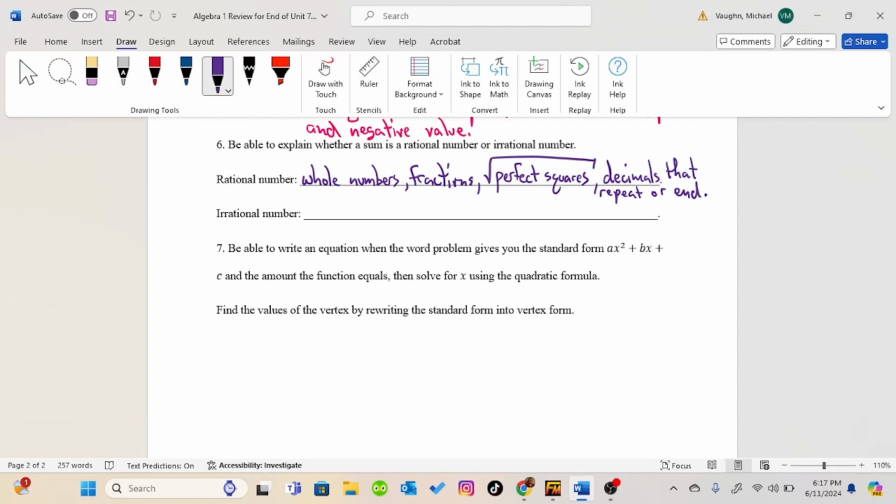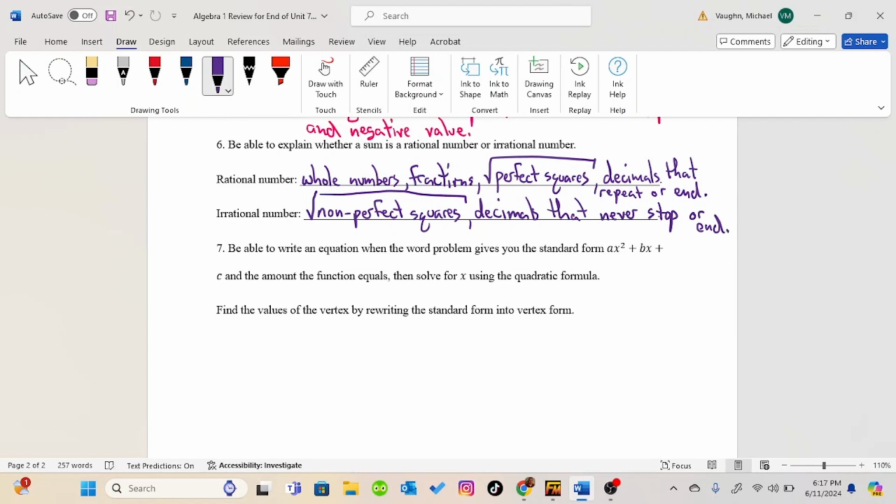Irrational numbers, on the other hand, are square roots of non-perfect squares and decimals that never stop or end.